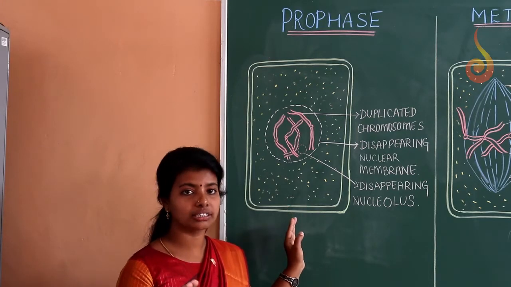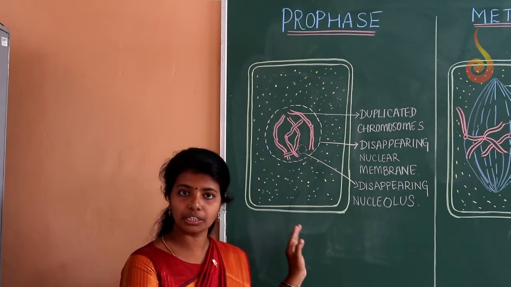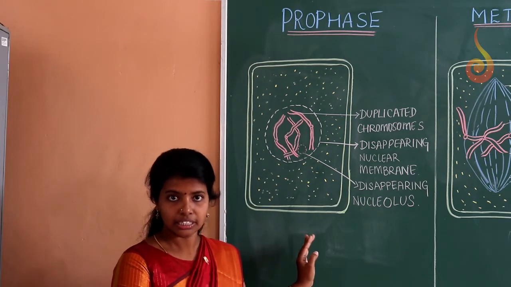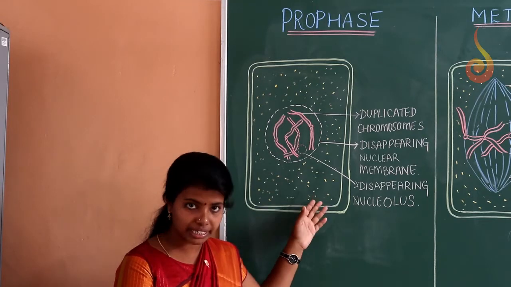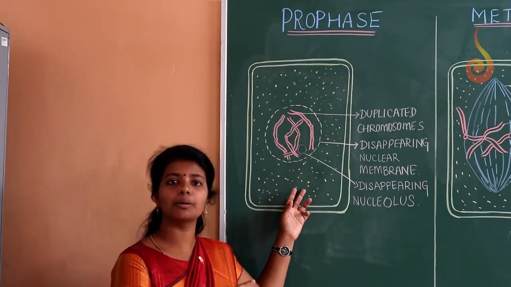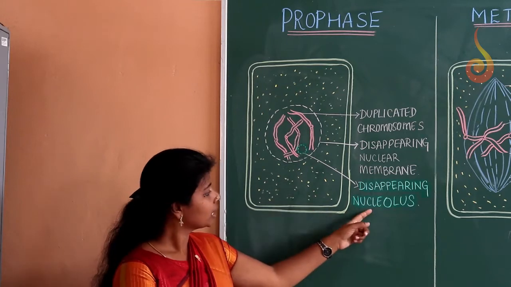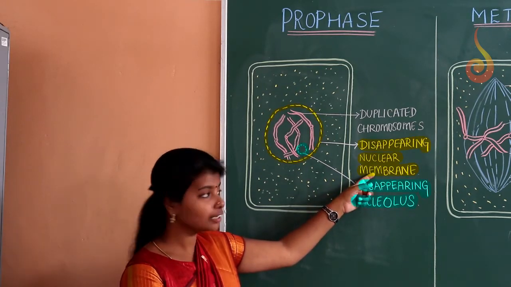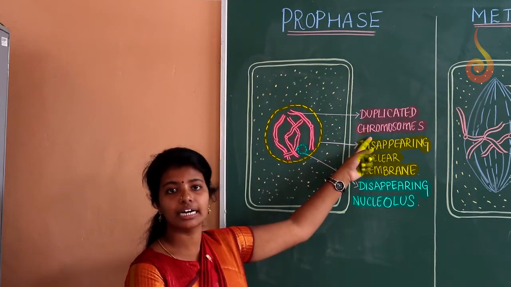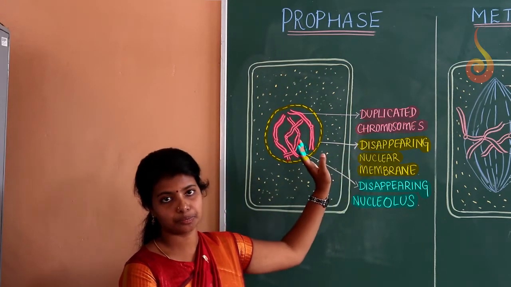Those are not the relevant labelings for the particular stage. The examiner expects you to write the relevant labelings. The relevant labelings for the prophase stage are disappearing nucleolus, disappearing nuclear membrane, and duplicated or condensed chromosomes.